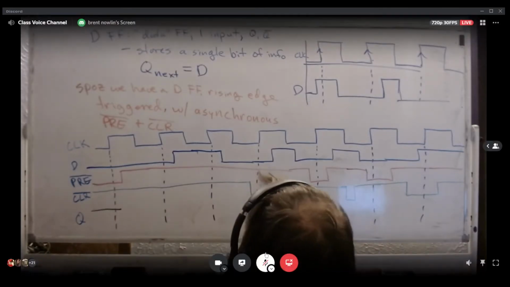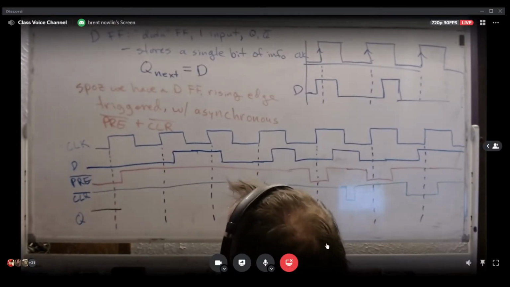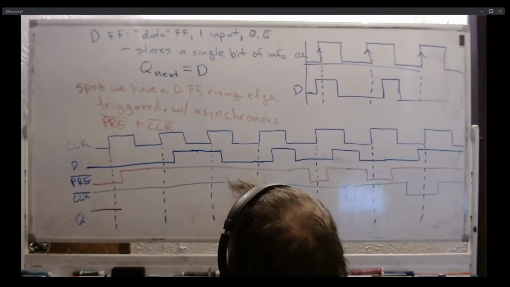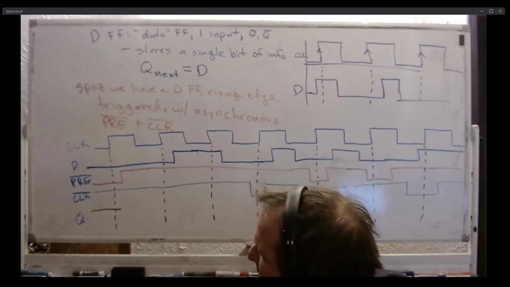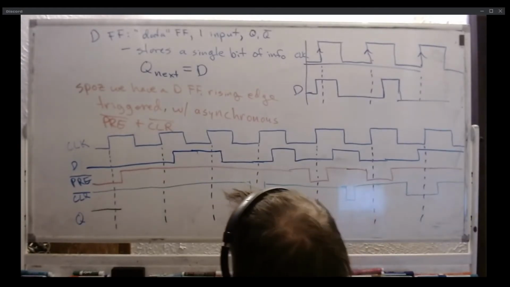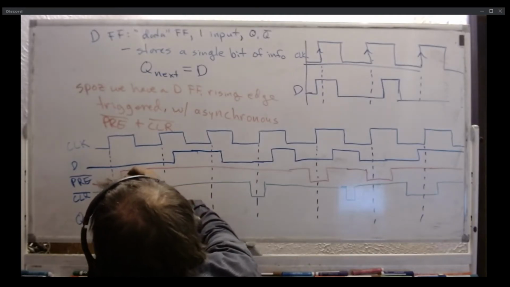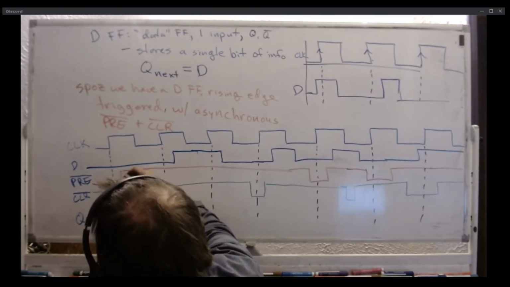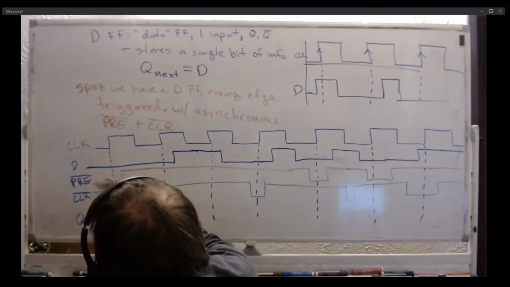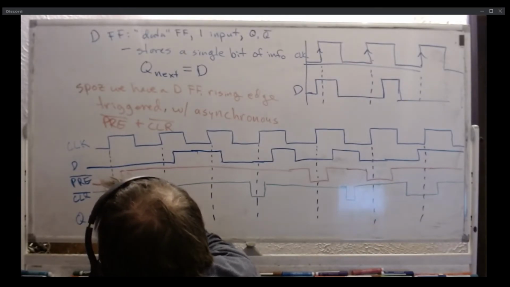Yes. It doesn't matter if preset is high or low, Q is just always high if preset is there. If preset is low, Q will be high. Oh, so if preset is high, then Q will be low?